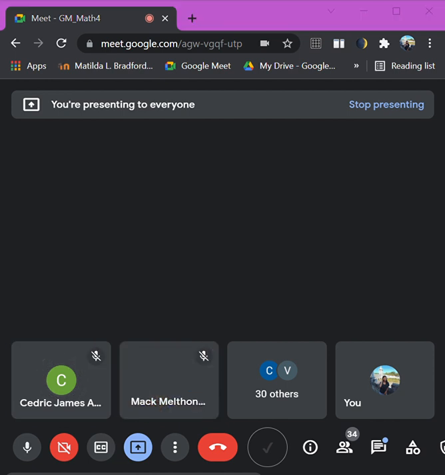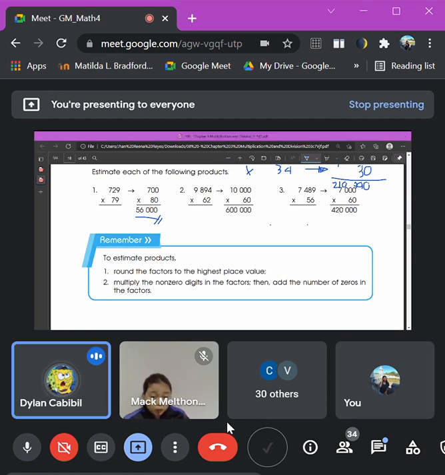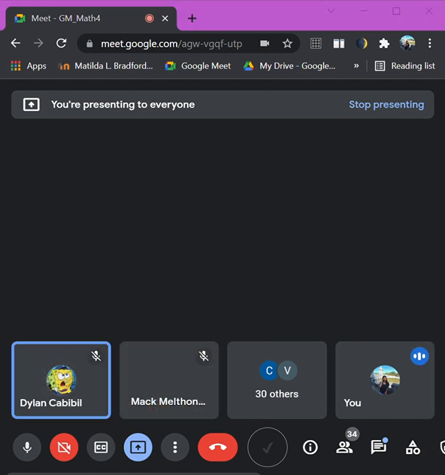So we have here, to estimate products, you need to round the factors to the highest place value. And then next one is to multiply the non-zero digits, then add the zeros in the factors. Okay, very good. So good job for that one. So you can as well answer this exercise that you can see in your ebook. Okay? So, dili lang sa mga quizzes ni teacher ang answer, you can also answer this practice on your ebook.